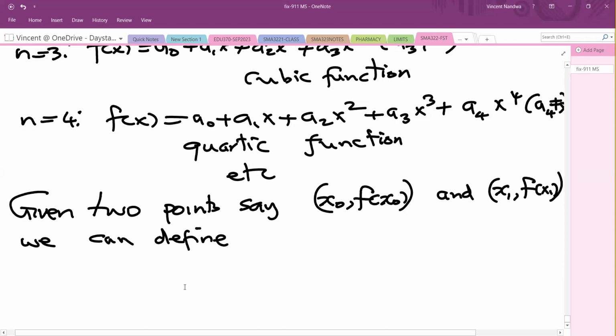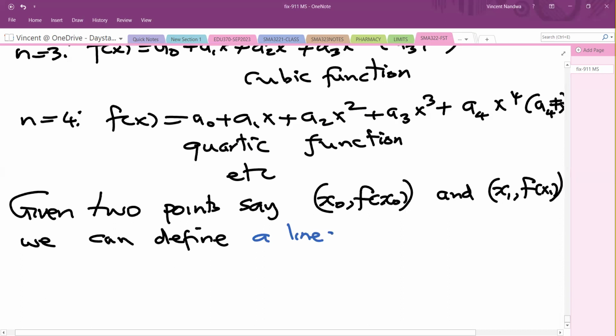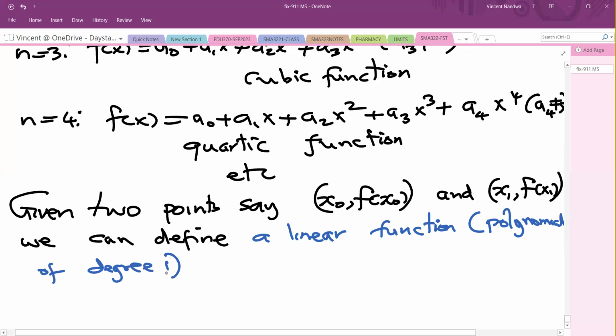So the line is just a polynomial of degree 1 or a linear function. So 2 points define a linear function or linear polynomial of degree 1. Linear function or linear polynomial or polynomial of degree 1 all mean the same.